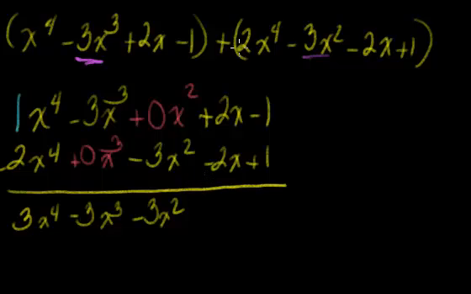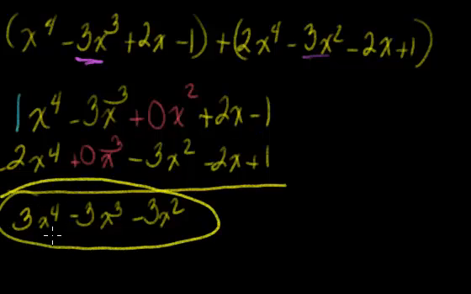Writing 0x, we only do it here to line up our terms, but you don't actually write the 0x. And then negative 1 plus 1, well, you're not going to write that either. So this is our answer. And they all have a coefficient of 3. I did not realize that when I was writing that, but 3x to the fourth minus 3x cubed minus 3x squared. So that's for addition.